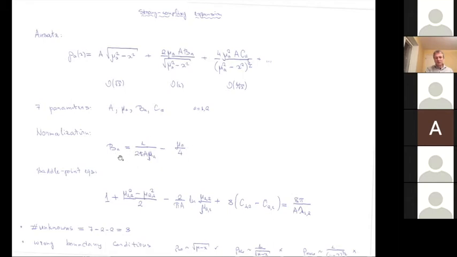So it's possible to express, for instance, the coefficient of the second term in terms of the overall normalization and the endpoints. And the saddle point equations, it turns out that they close on the 3 terms. So one gets 2 relations between C, mu and A.